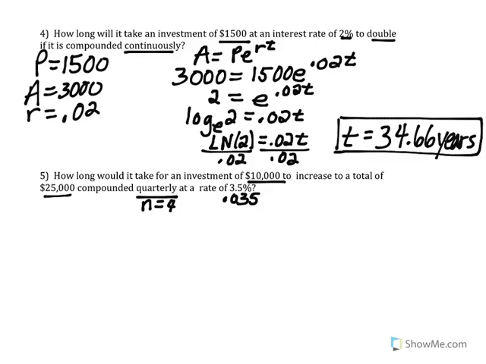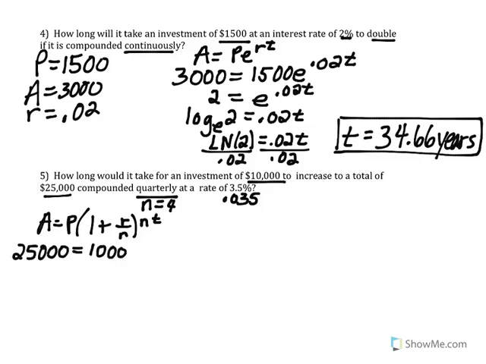So we're going to use this formula. So it'll be 25,000 equals 10,000. Whoops, forgot a 0 there. 1 plus 0.035 over 4 to the 4t.